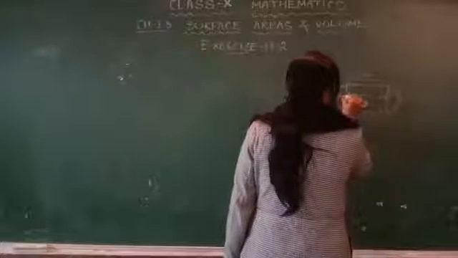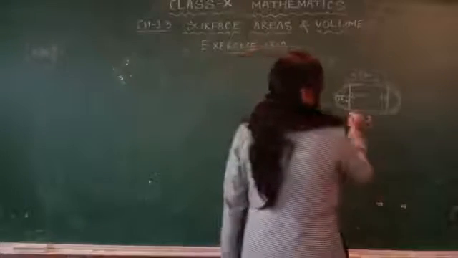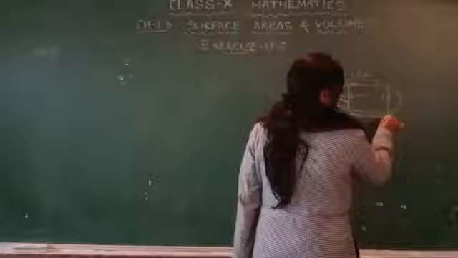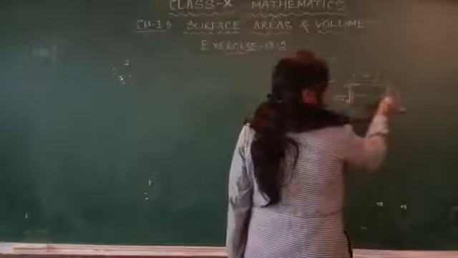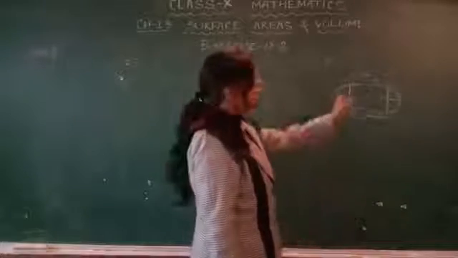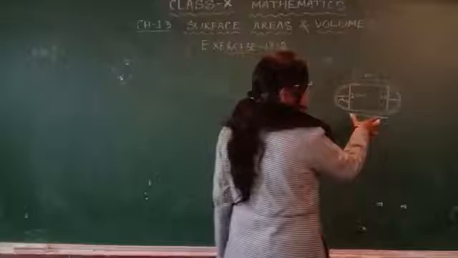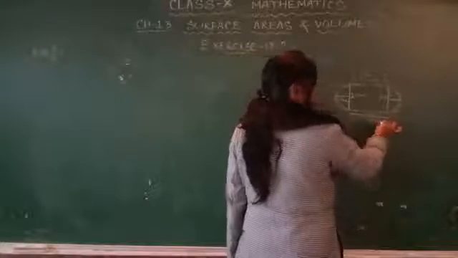Now this radius is equal to 1.4 cm. Only the length of the cylindrical part, that is 5 minus 1.4, here also 1.4, that is 2.8. So 5 minus 2.8, the height of the cylindrical part is 2.2 cm.